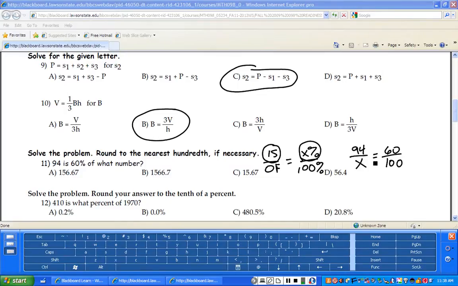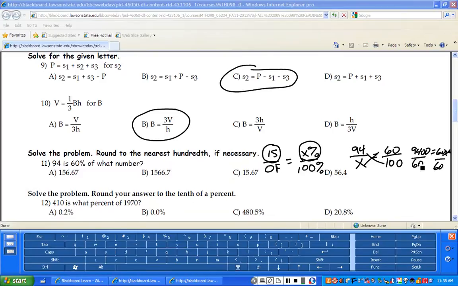So then you just set this up by cross multiplication. So you have 9400 equals 60x. Divide both sides by 60.